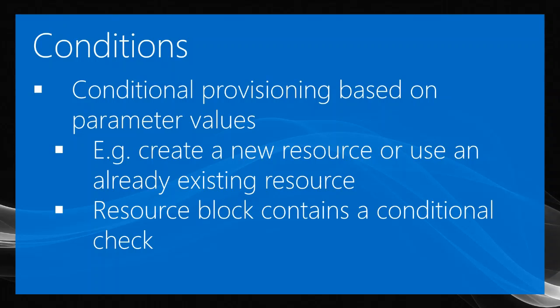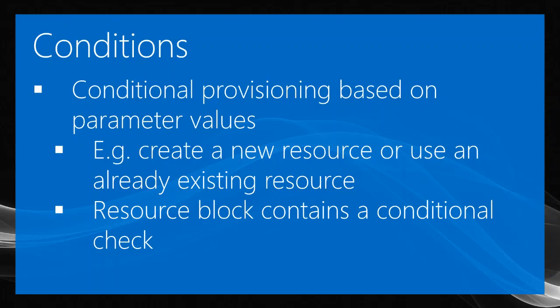So for instance, you could have, just as an example, a redeploy parameter or a deploy parameter, which is a bool, which is actually true or false, or it can be a string, which is yes or no. And then you could actually use that in a condition that is used to check if a resource should actually be deployed in the next deployment or not.